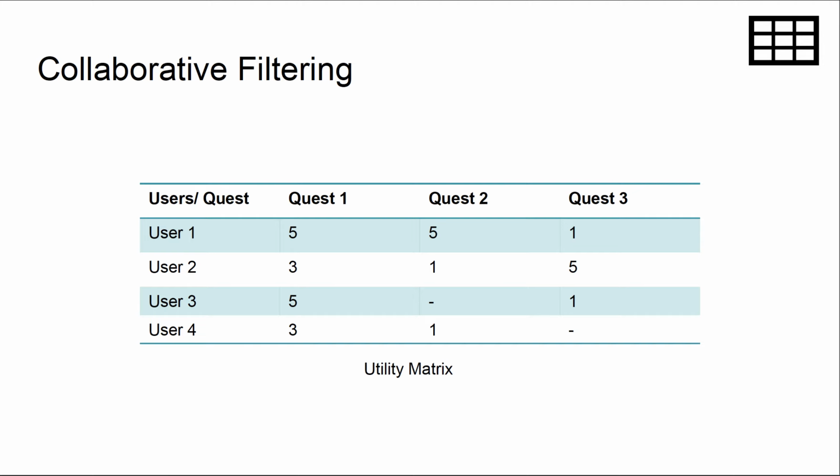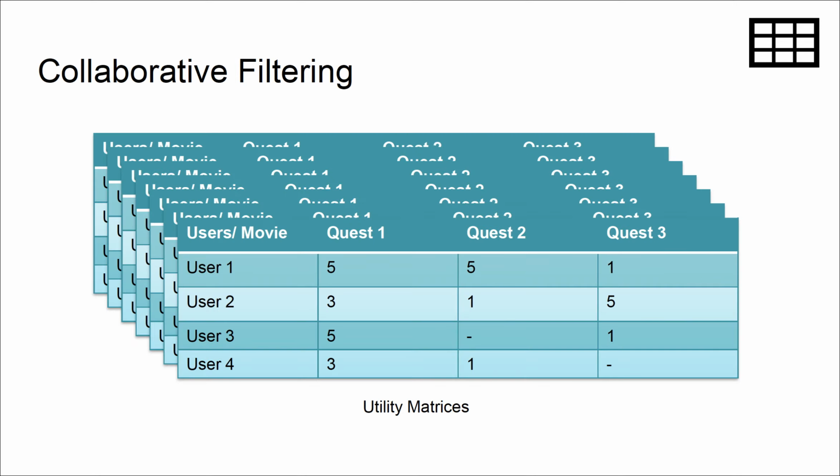In our case, we create multiple utility matrices from the level of the player, the strength attribute, the agility, damage, health lost, accuracy, and time duration. We use 7 utility matrices to check the similarity of users with each other. Now this isn't a matrix anymore, it's a tensor. A tensor is just a 3-dimensional matrix.